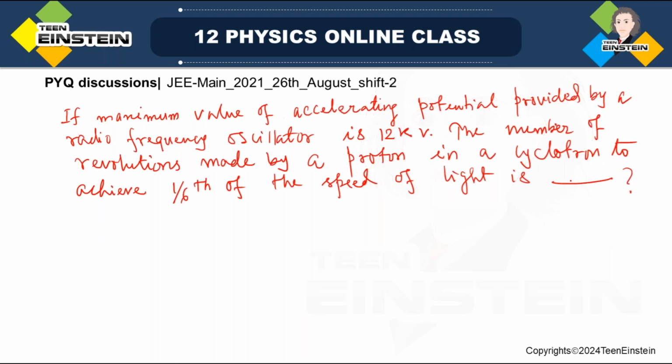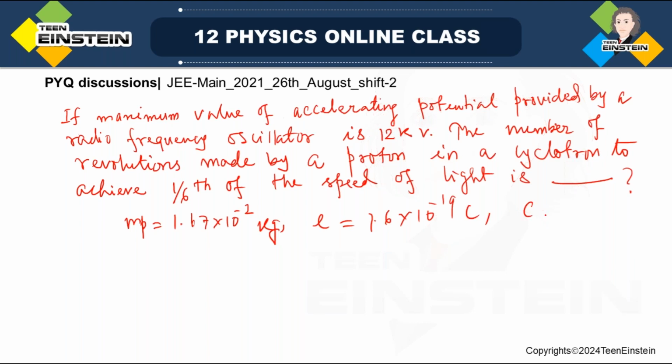dash, okay. So you have been given mass of proton as 1.67 into 10 to the power minus 27 kg. Electronic charge is given 1.6 into 10 to the power minus 19 coulomb. This is for proton, that's why it is positive. And what else?